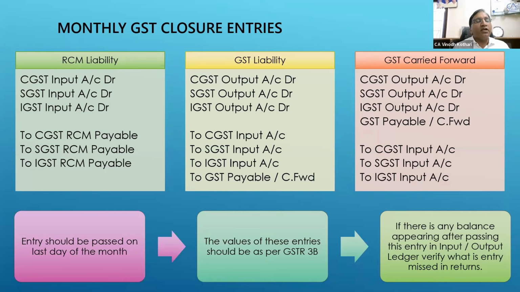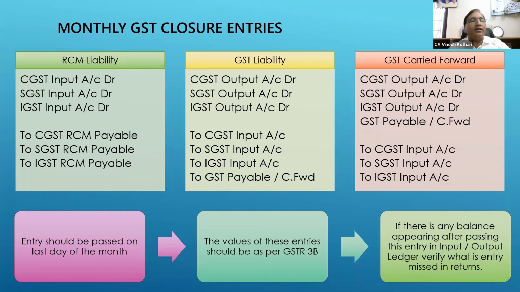They create CGST input 18%, CGST input 5%, CGST input 12%, that is, rate-wise input ledgers. In that case, they have to consolidate all the rate-wise input to a common ledger CGST input, pass a journal entry, and then pass this entry.